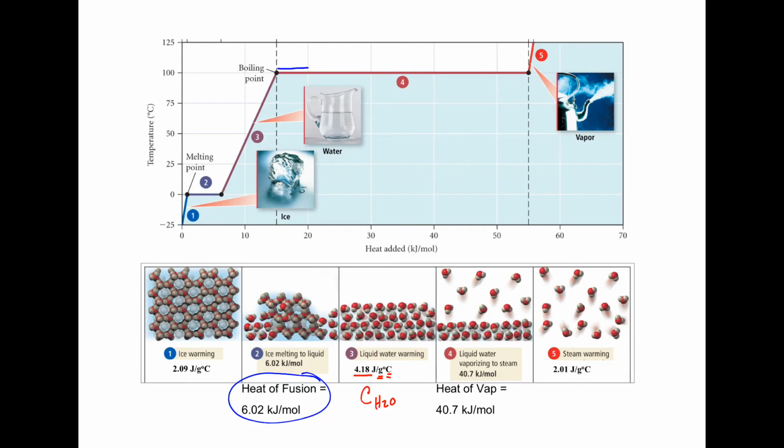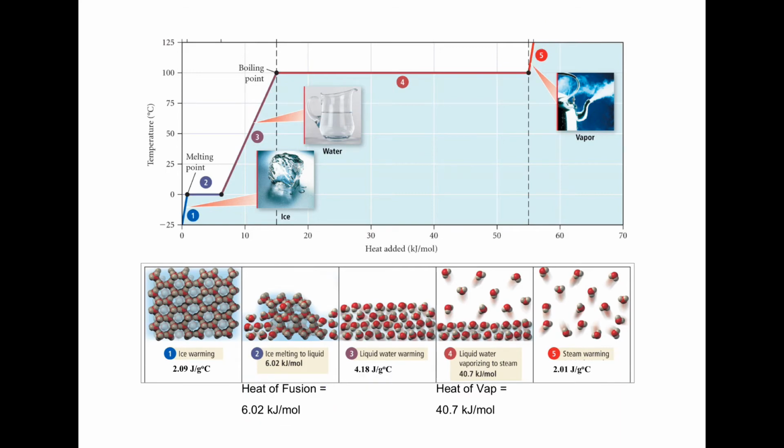So again, all this energy here goes into breaking the intermolecular forces between the liquid molecules and allowing them to separate from each other to become a gas. Once all your sample is a gas, now you can heat up the gas, and that can go until kind of a high temperature when it would actually become a plasma, our fourth state of matter.